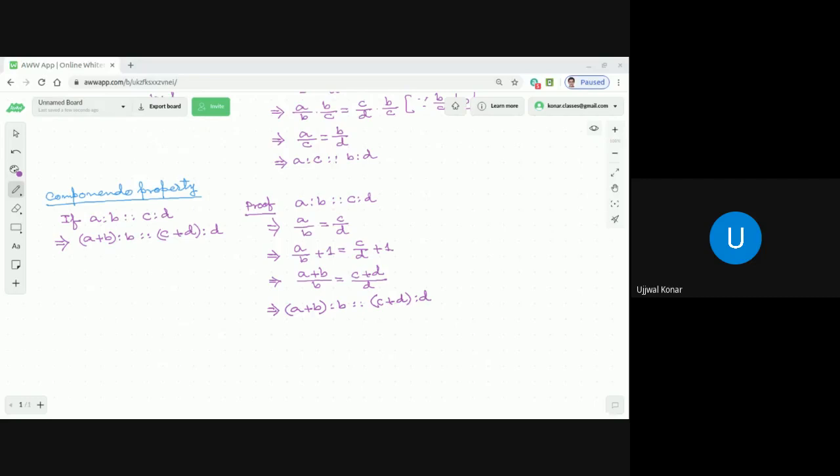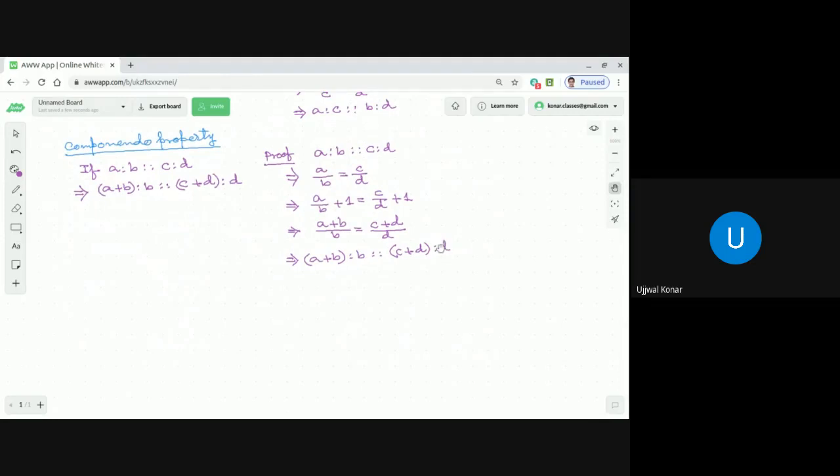The next property we are going to discuss is called the dividendo property. Let me explain what the dividendo property is.